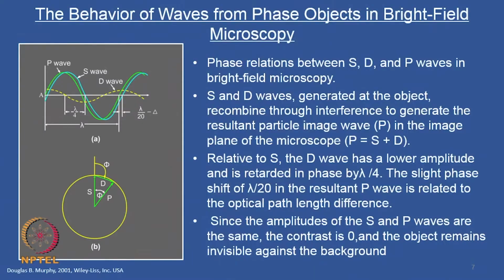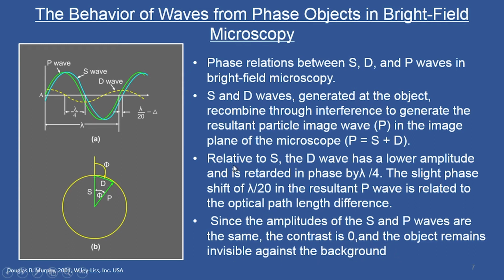So, the optical path length difference is lambda by 20 and lambda by 4 and so on. Since the amplitudes of the S and P waves are the same, the contrast is 0. Please remember, we are talking about phase objects and how they appear under bright field illumination. Since the amplitudes of the S and P waves are the same, the contrast is 0 and the object remains invisible against the background.